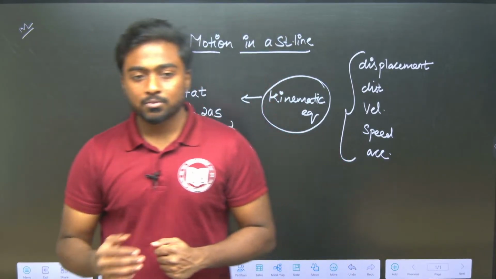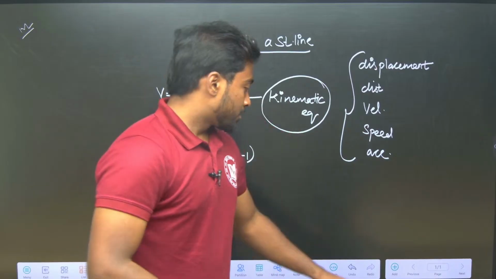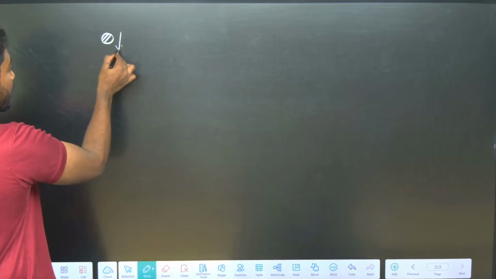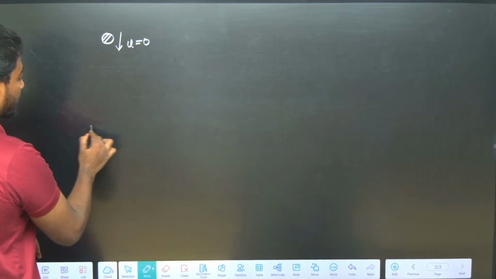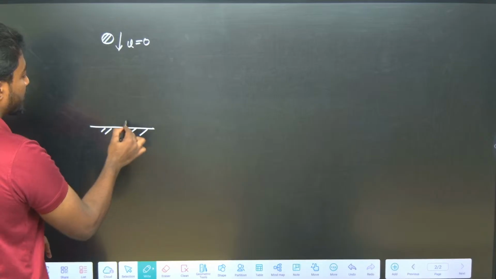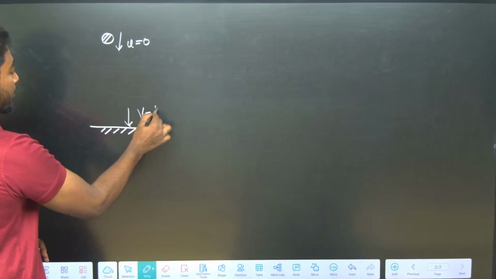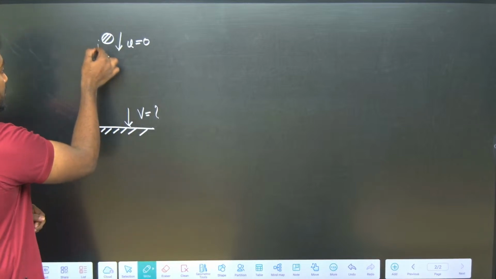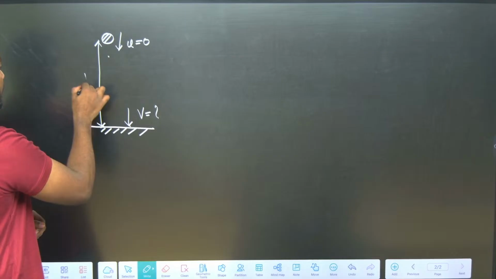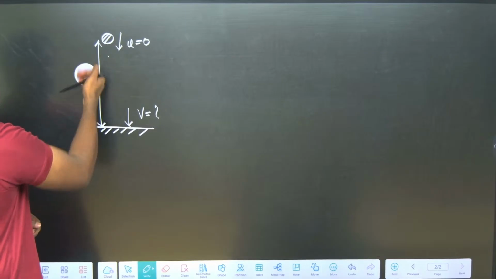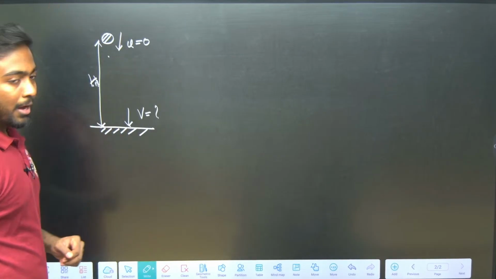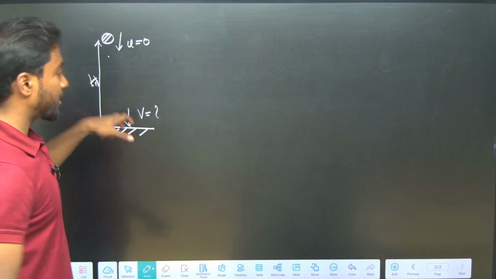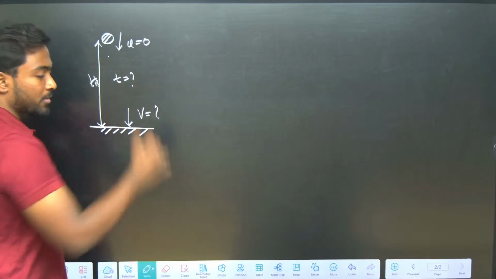We discussed that a free falling body will have initial velocity 0. At ground level, it will hit with some velocity v. I need to find that velocity. We got that equation. How much height it has travelled we also got, and if height has been given, how much time it takes to reach the ground level we also got.